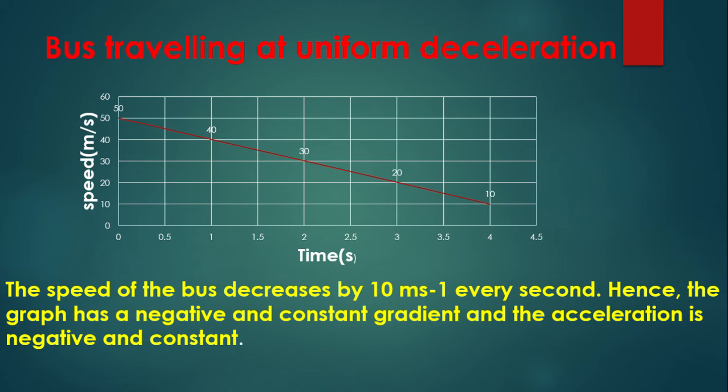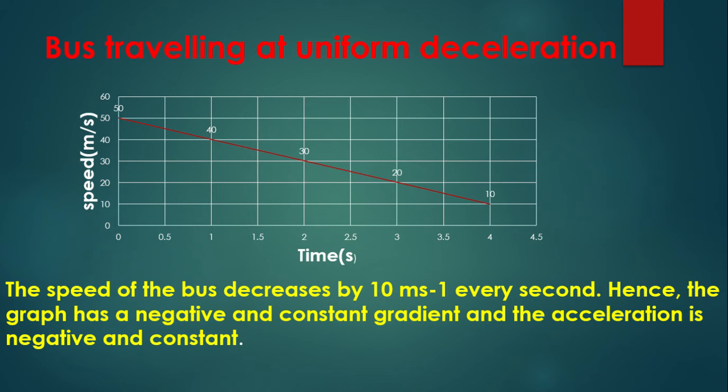Bus traveling at uniform deceleration. Time taken is 1, 2, 3, 4 seconds. The speed of the object at 0 seconds is 50 meters per second, at 1 second is 40 meters per second, at 2 seconds is 30 meters per second, at 3 seconds is 20 meters per second, and at 4 seconds is 10 meters per second.